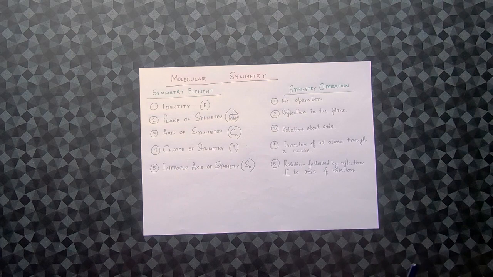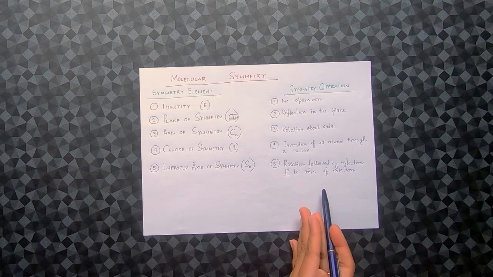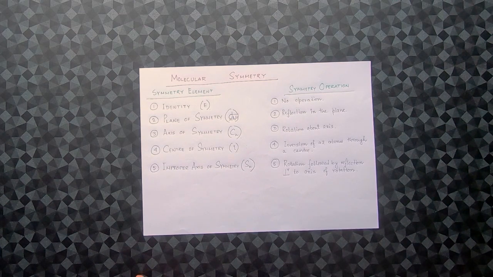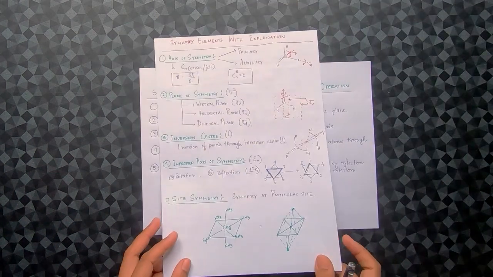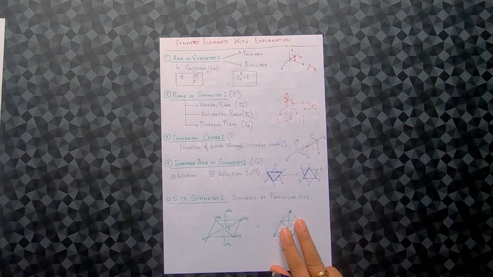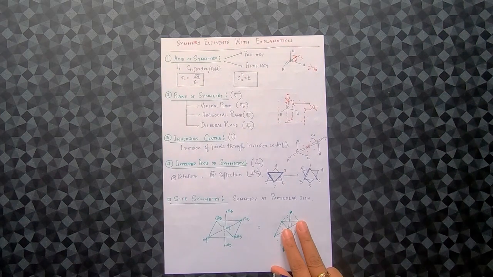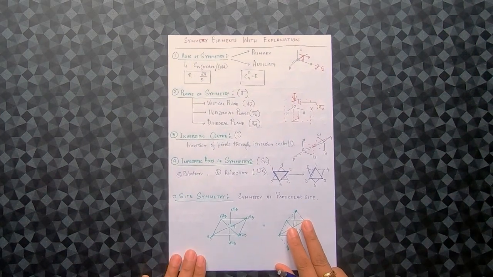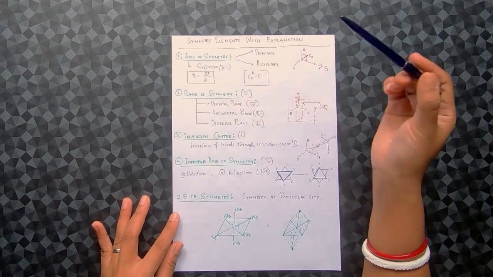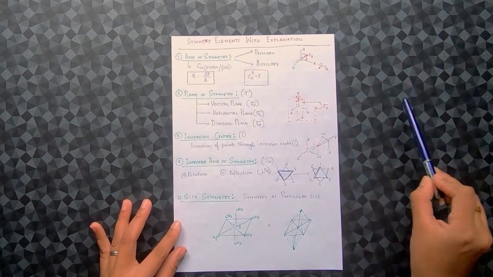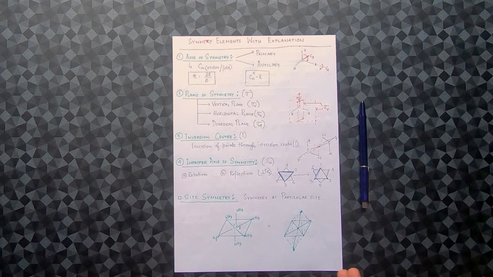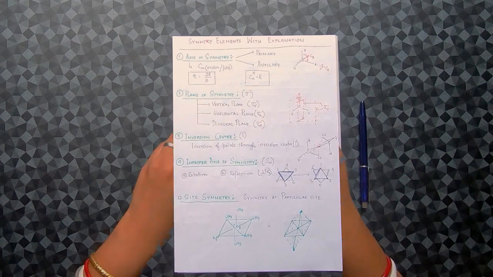To describe these symmetry elements and symmetry operations, I am going to use some paper cutouts to make it easier to understand. So these are the symmetry elements, and now we'll use some paper cutouts.